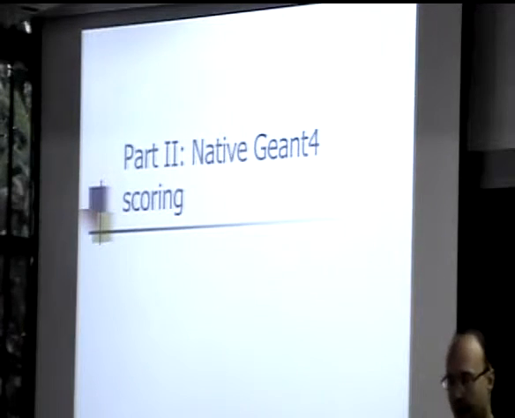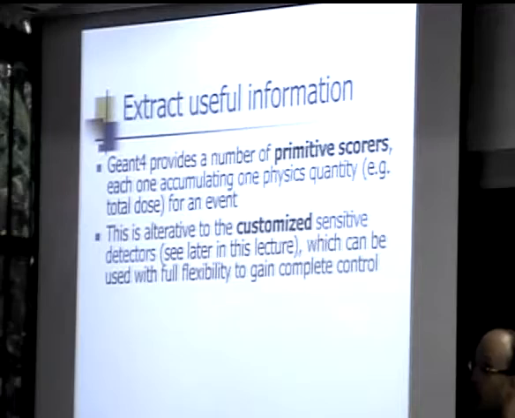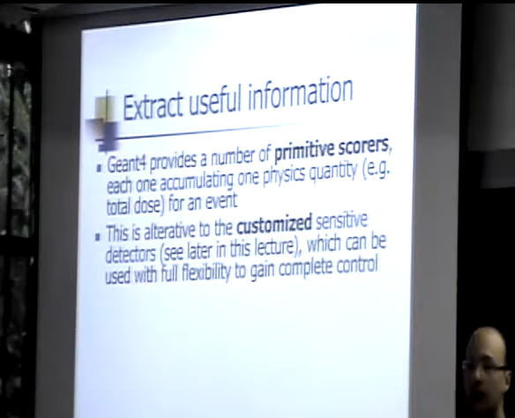So this brings me to the next step, which is describing what GEANT4 already has ready for use. This is what is called the native GEANT4 scoring. GEANT4 is providing a few so-called primitive scorers that allow you to accumulate one specific quantity for each event.